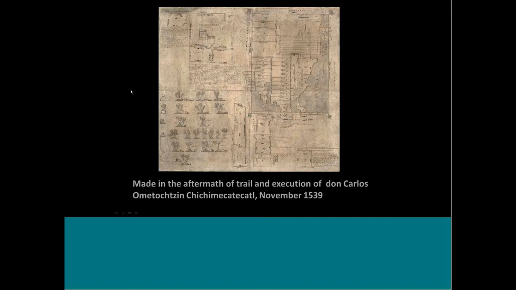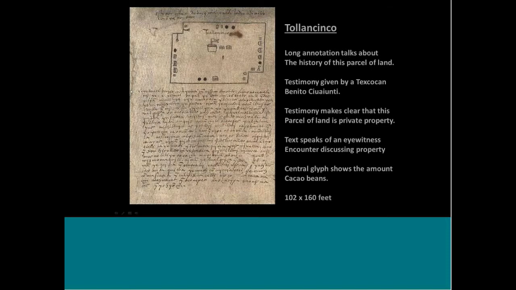So we're going to start up in that left-hand corner, and this area here, Tolonchinco, which is written right in the little box here, which is basically showing a parcel of land. The little clicks that you see on the sides here are the actual measurements of the land. If you break this out, it measures 102 by 160 feet. One of the things that's very interesting on the Oztoticpac Lands Map is that the parcels of land we're talking about are not very big.